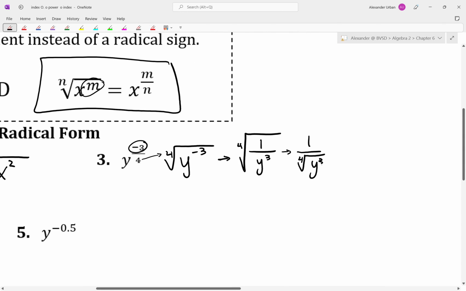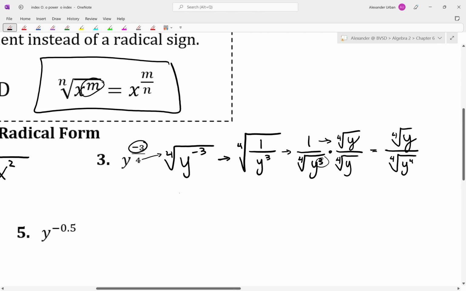Now, the beauty of this is when we have a 4th root and we want to rationalize this, we only need one more y. So this is going to be the 4th root of y over the 4th root of y, and this is just a giant 1. So we're going to multiply this across, and you'll see what's going to happen here. I'm trying to simplify this down, and I'm going to end up with the 4th root of y divided by the 4th root of y to the 4th.